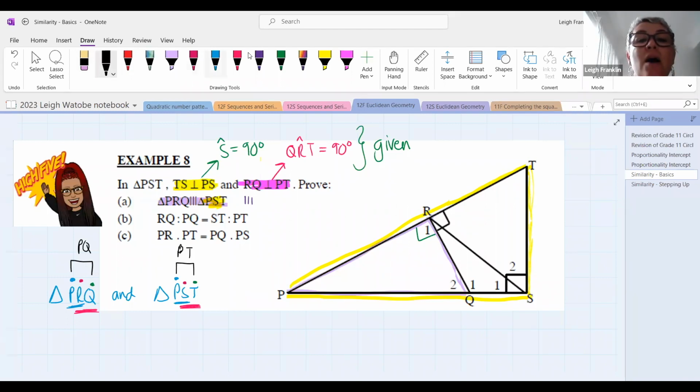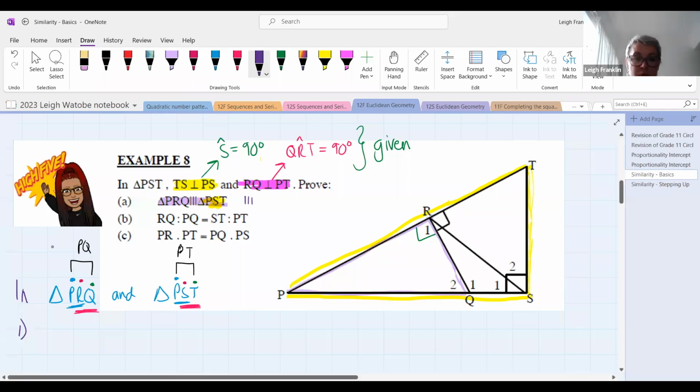When we set our proof out, okay, we need to do it in a specific way. We need to write in triangle PRQ and PST. And then we're going to look for our first reason, okay, which we've already been given. We know that angle R1 equals 90, and we know that angle S equals 90.